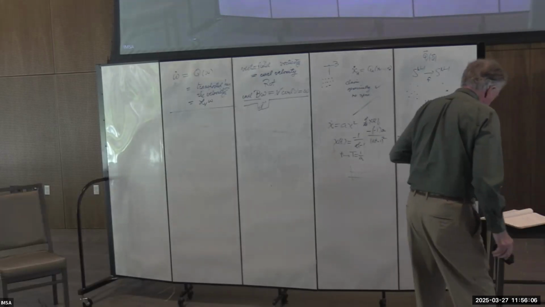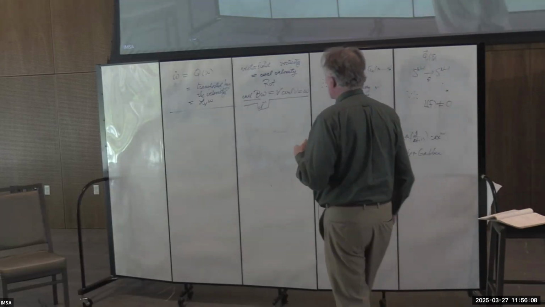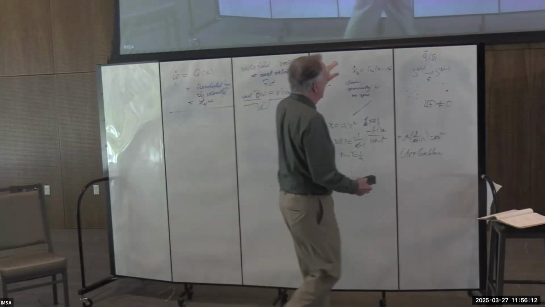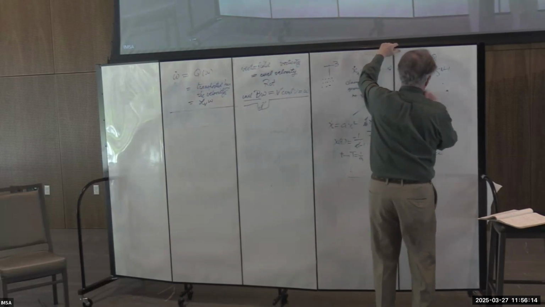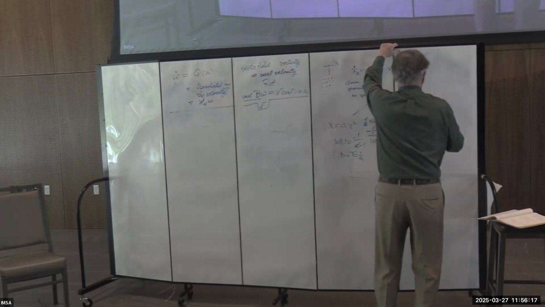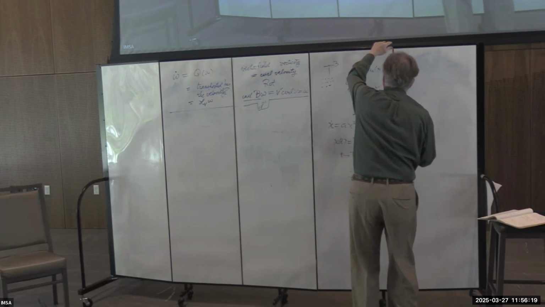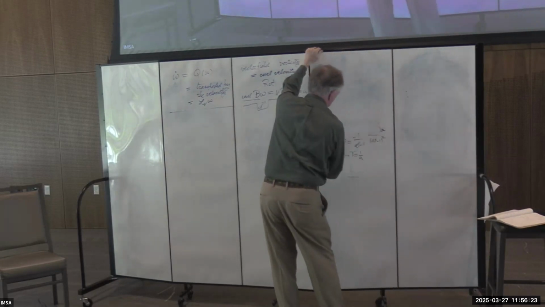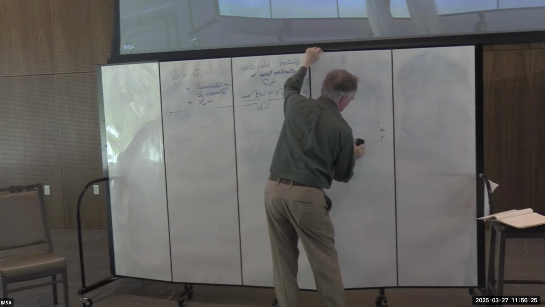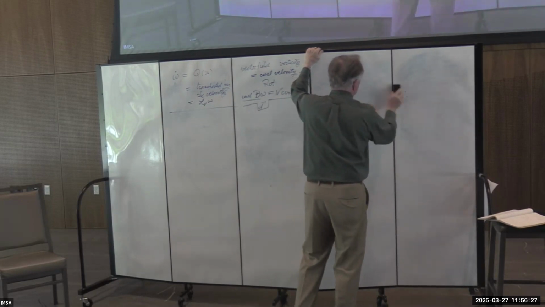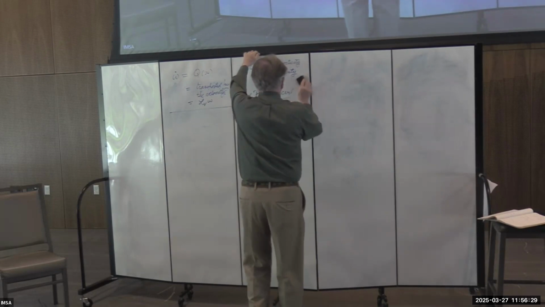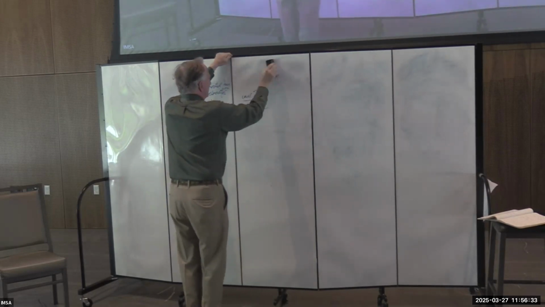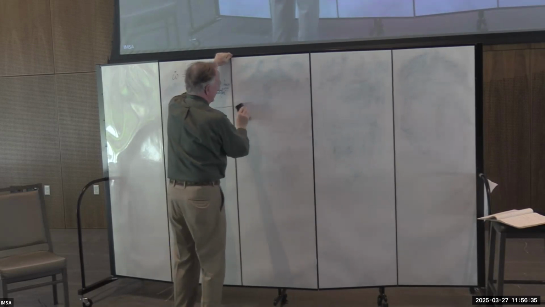So now we want to look for some mathematical structure in this equation. And the idea is going to be very down to earth. It's all about 3 by 3 matrices.